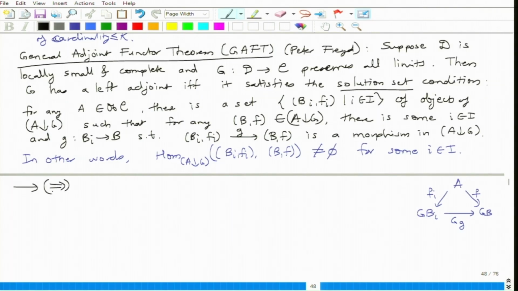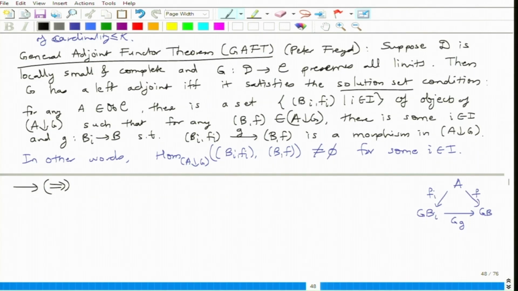GA doesn't exist. A is an object in C, so GA doesn't make sense. Like GFA. So what is the morphism from A to GFA? The unit. Yes, unit. The A-th component of the unit.